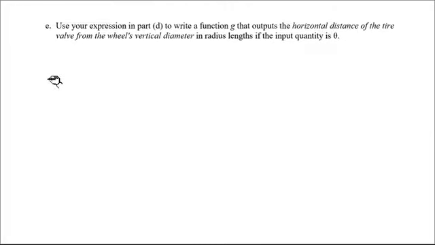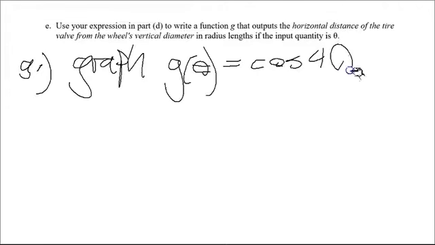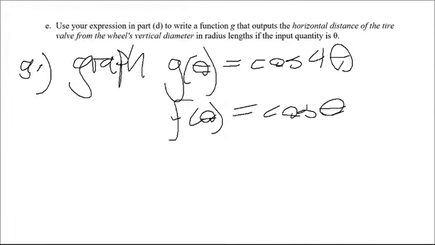Okay, and so part G of that question asks us to graph g of theta equals cosine 4 theta, and f of theta equals cosine theta on the same set of coordinate axes.